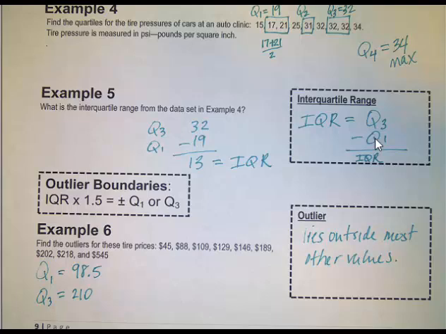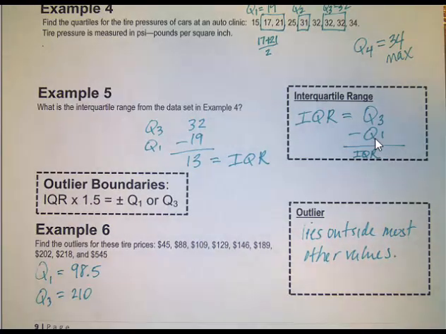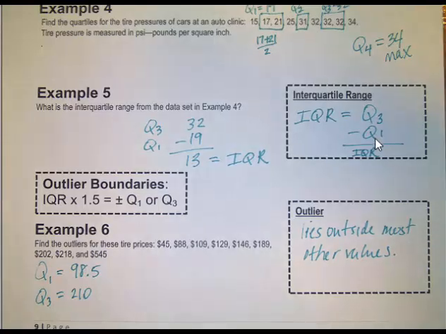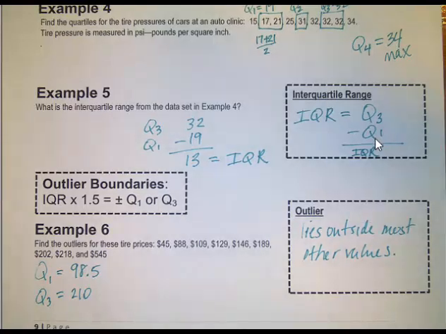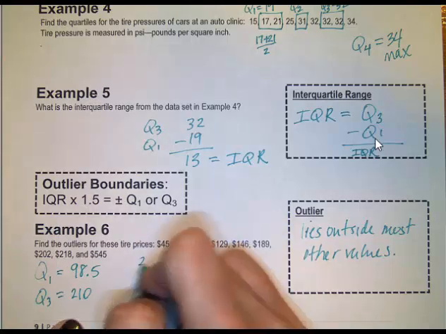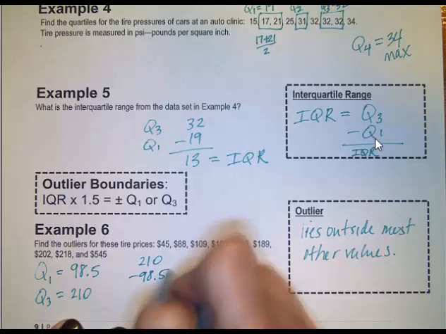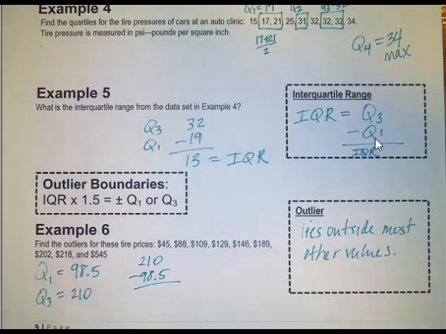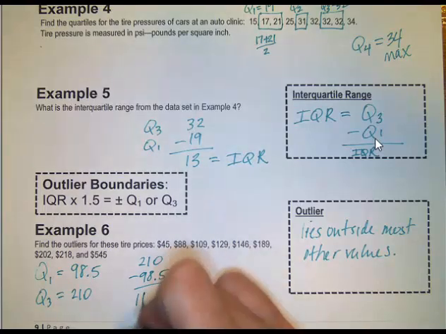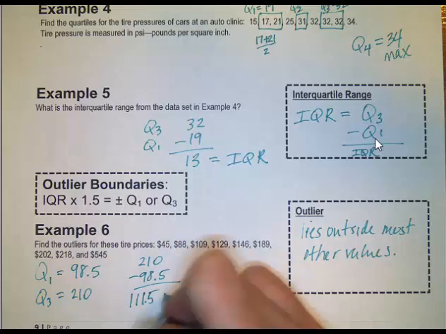Alright, so now we are going to use our formula. So interquartile range, we must subtract them. So 210 minus 98.5 is 111.5. And that is your interquartile range.